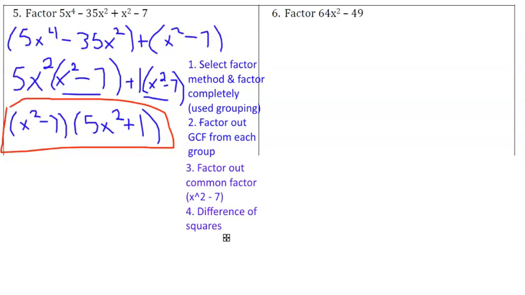Now from there, they might want you to go further than that and find the difference of squares. Now for this one, our squares are not perfect here, so we don't have to move on from there unless it specifically wanted the irrational factors.